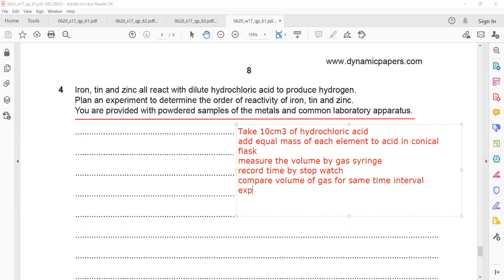And the experiment in which greater volume of gas has the fastest rate.